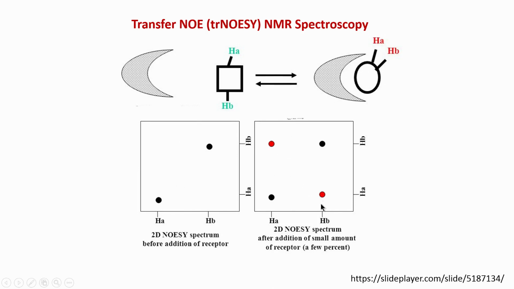But now I got an NOE cross peak, and based on that I can convert it into distance, and find out the distance between A and B in the bound form, because again this NOE is not from the free, it is from the bound. The assumption is the distances should not change much, but even if they change, my information is still coming from the bound form.